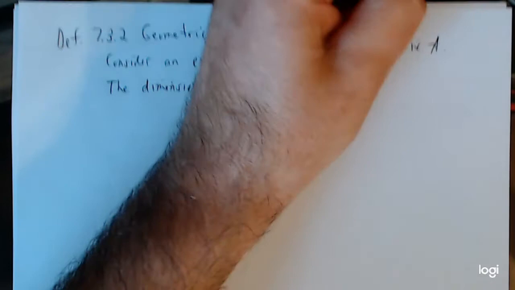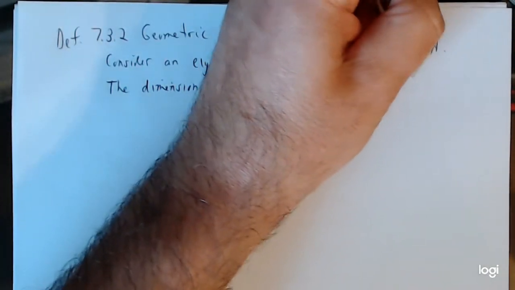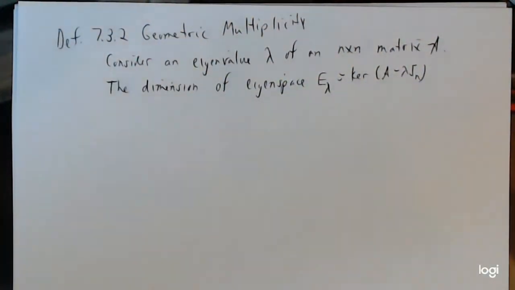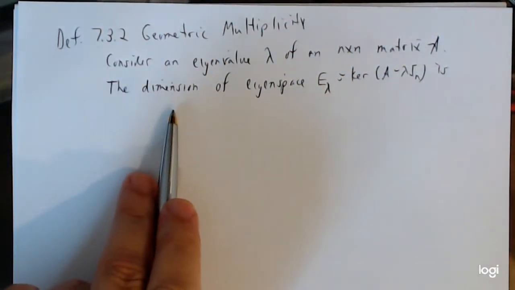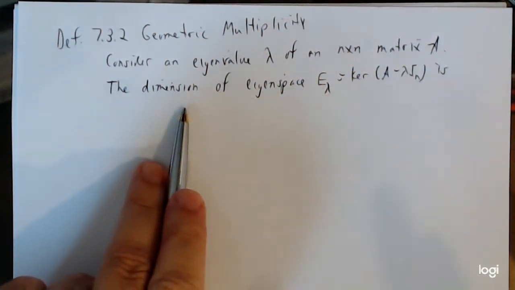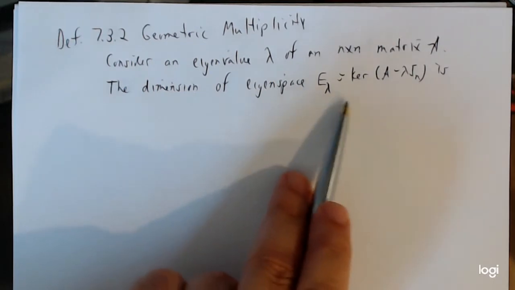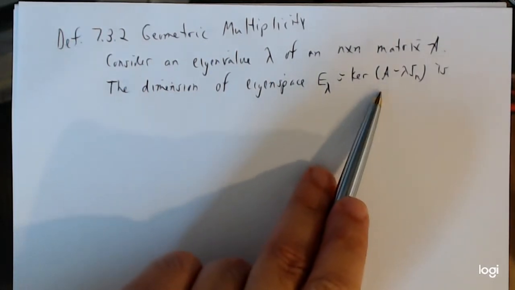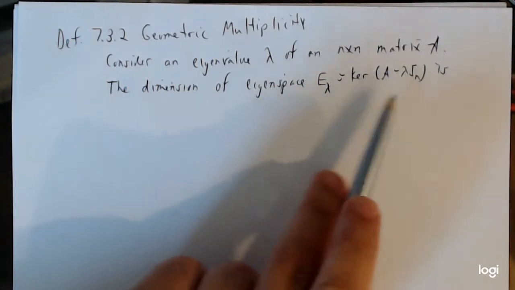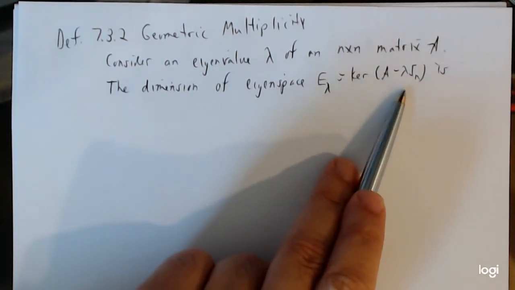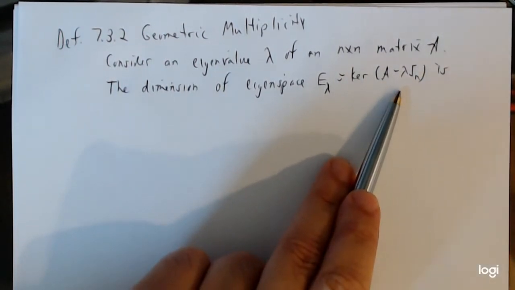All the vectors in the kernel of A minus lambda I sub n, right? So remember the dimension, if you think back to first semester, the dimension was literally how many vectors we had in our basis. And basically the vectors that we have in our eigenspace is just all the vectors that are in the kernel of A minus lambda I sub n. So that's what we're going after.